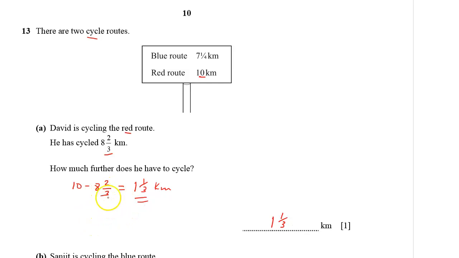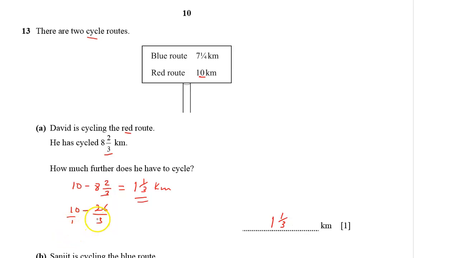Okay, of course, if you find a challenge now to get this, you can make this one a proper fraction by multiplying 3 times 8 gives us 24. 24 plus 2 gives us 26. So this will be 26/3 minus 10. You find the LCM.